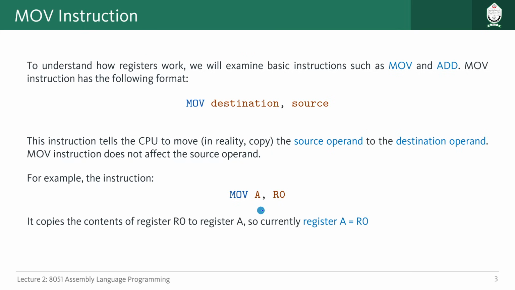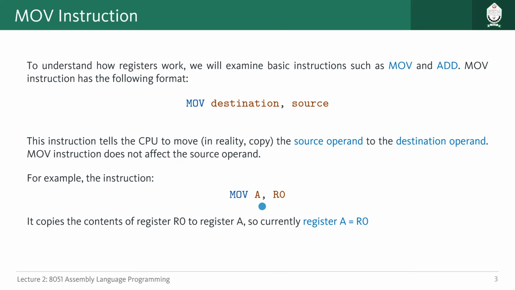Like for example, we can have this kind of line of code here. What we're trying to do here is, from the R0 register, we are trying to move data into register A, right? Whatever data is currently saved in register R0 will be moved to register A. But basically what we are doing in reality is just copying the data.